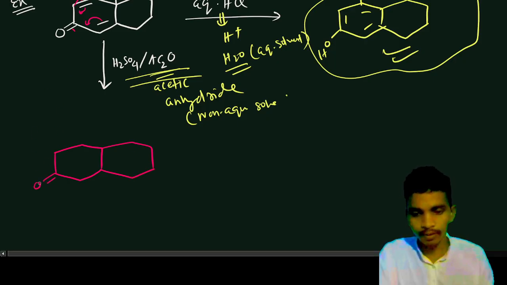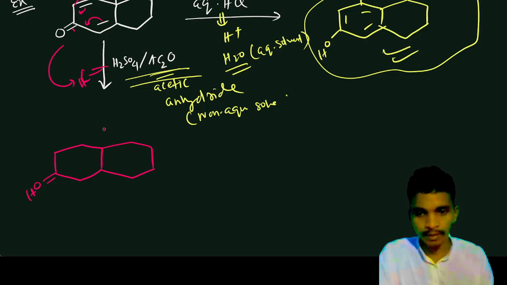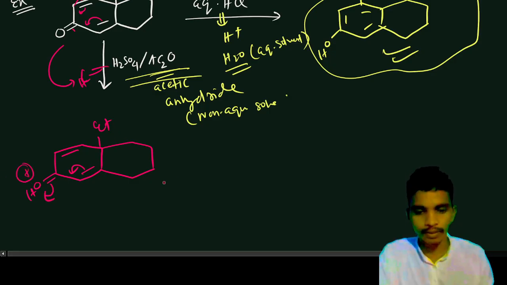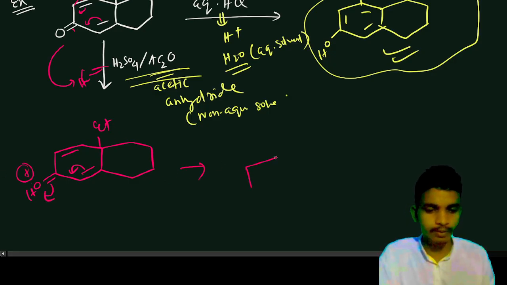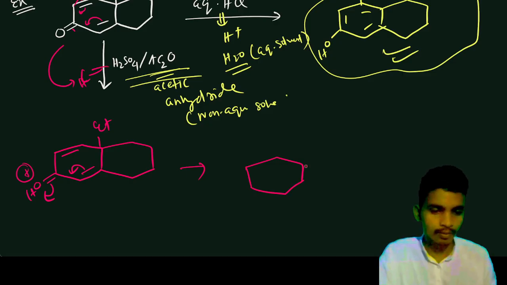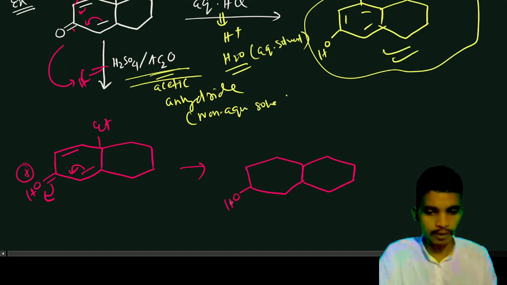Here we have the OH, and here also acid is there, H plus, so this will attack this one. Here we have the ethyl, so this is going to shift here, and this is going to shift here, and there is a positive charge, so this is going to be OH, and this is going to have a positive charge, and here we have the ethyl group.